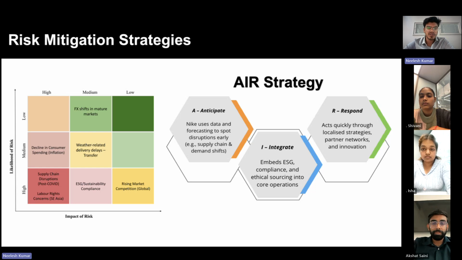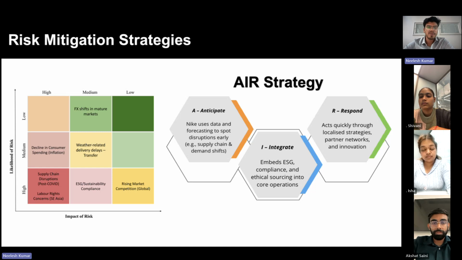These require strong proactive responses such as diversifying sourcing, auditing suppliers, and improving ESG reporting. Other risks like declining consumer spending are managed through pricing adjustments and local promotion, while lower impact risks like currency fluctuations or port delays are often accepted or transferred.